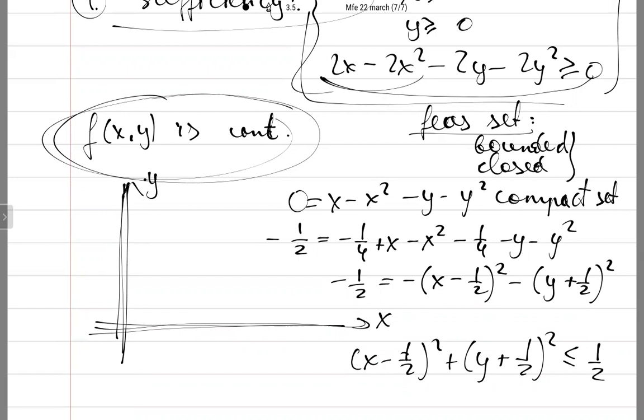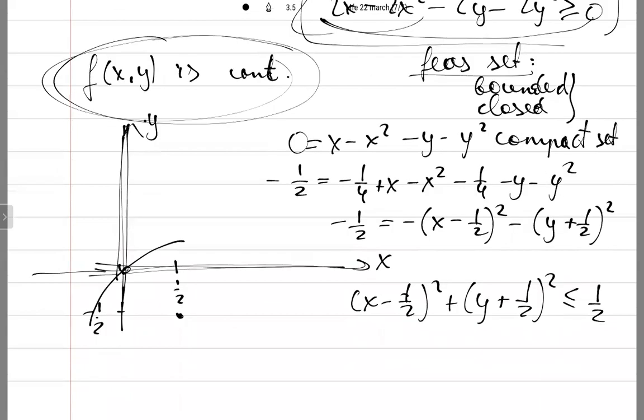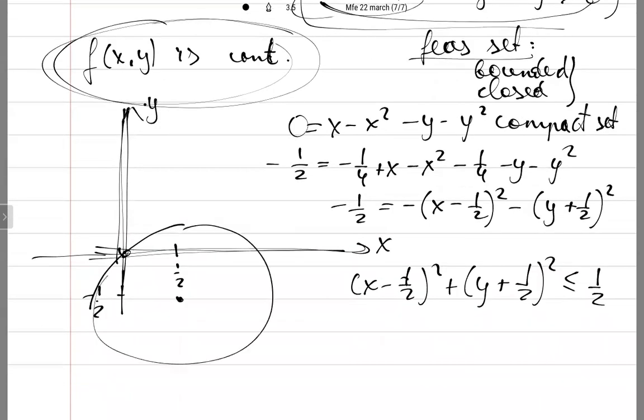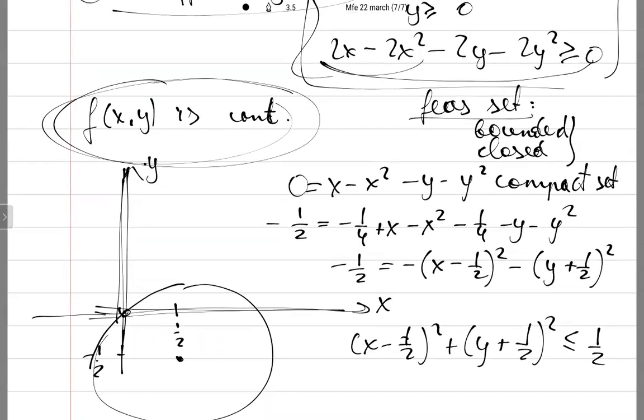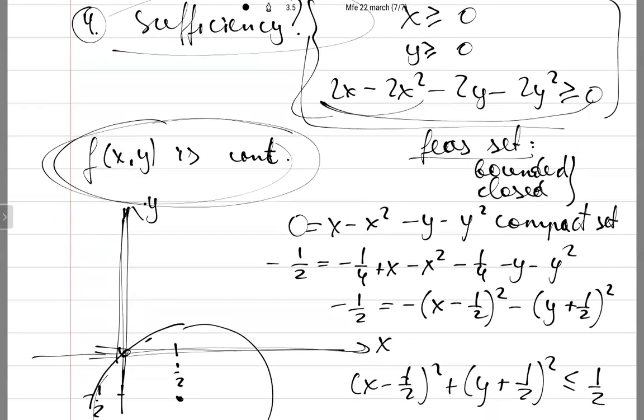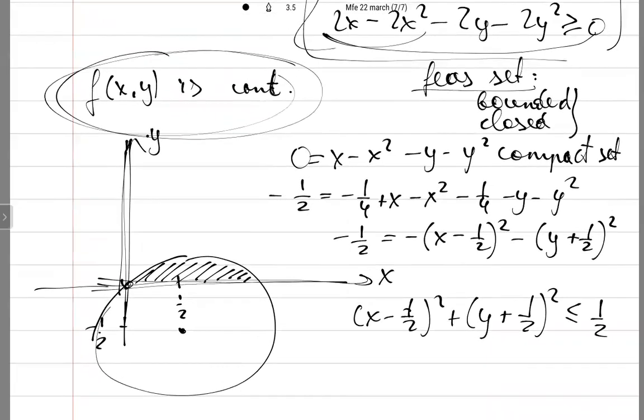And basically I have a circle with the center 1/2, minus 1/2. If I'm not mistaken with the sign, I have a circle like that. And my region where profit is positive is very small. So this is a feasible set.